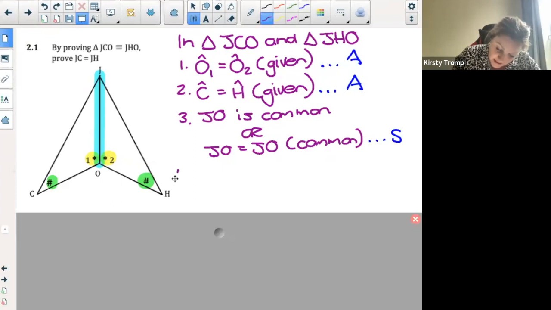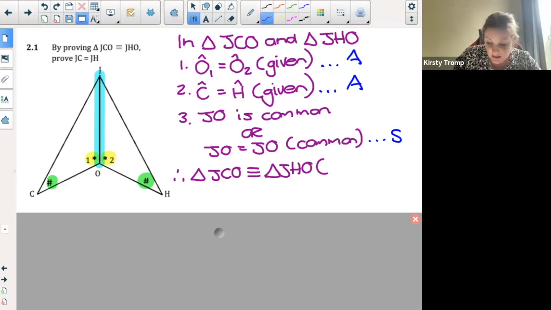So now we're going to say, therefore, triangle JCO is congruent to triangle JHO, reason, angle, angle, side. Close off my brackets.